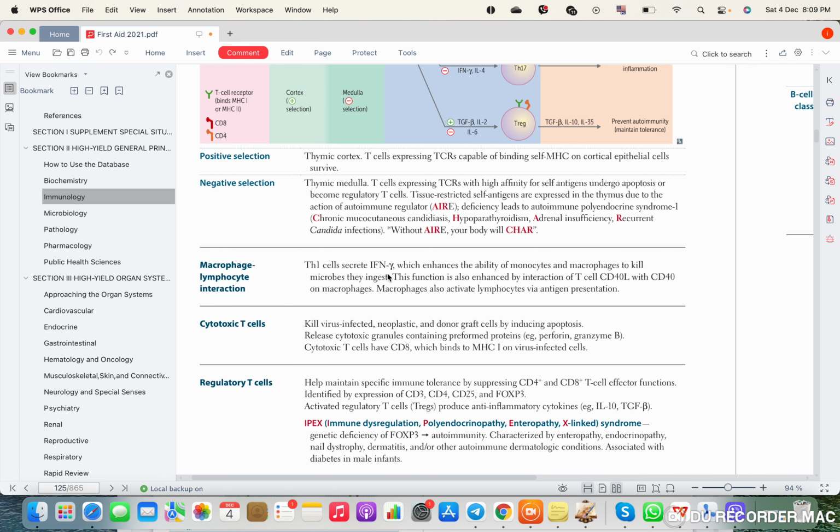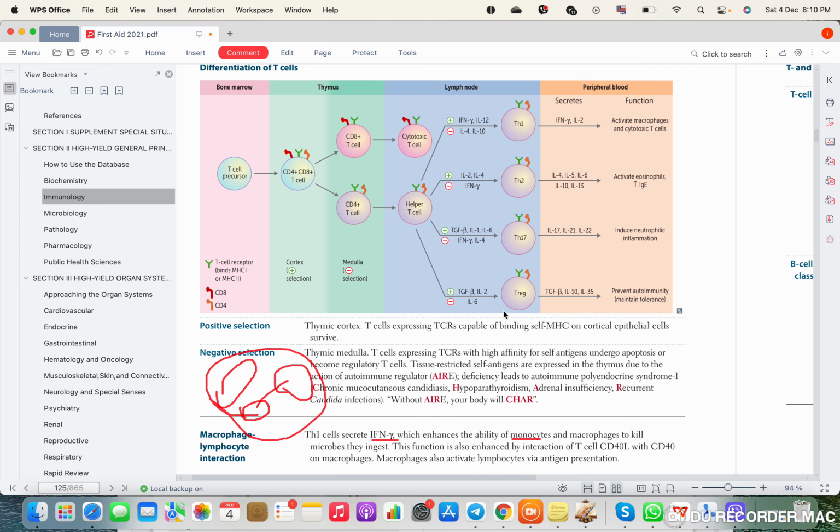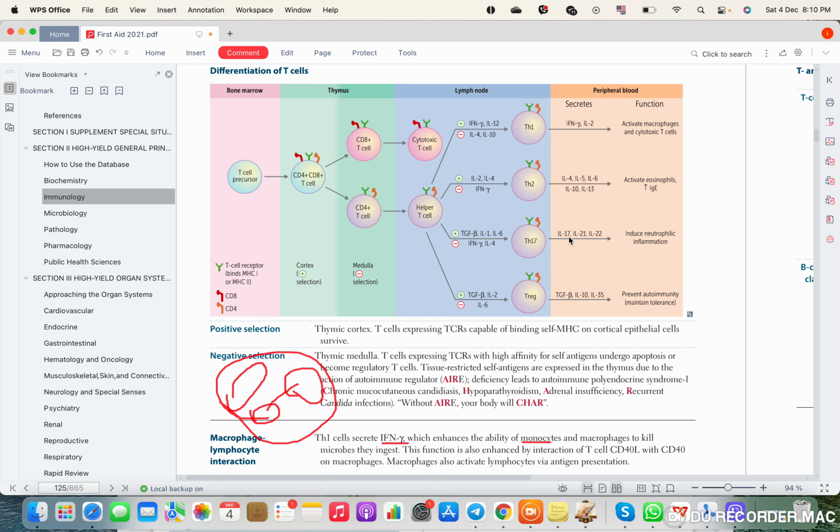So they write for us the following. The interferon gamma makes the macrophage and the monocyte much stronger. When you ingest something inside of the macrophage, you have a lysosome and you have a phagosome. And when you bind them together, you have something called the phagolysosome. So after the creation of the phagolysosome, you want to activate the macrophage to make it much more potent.